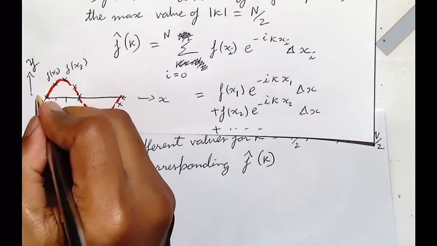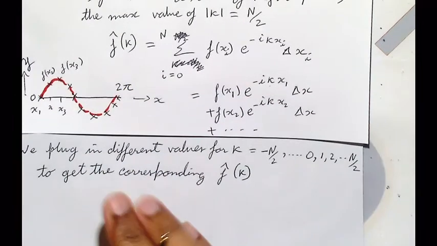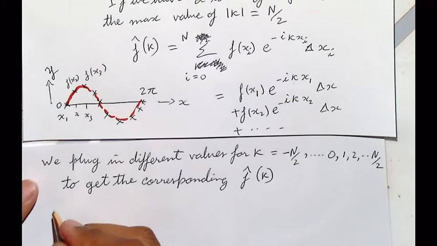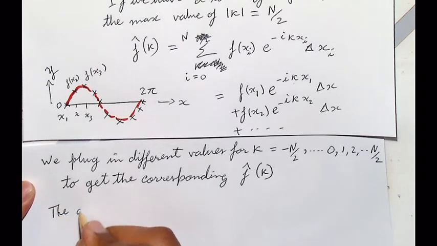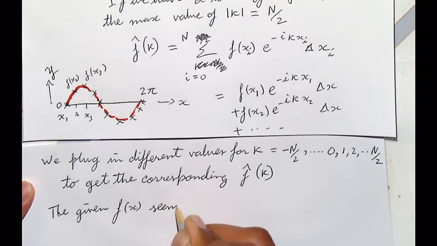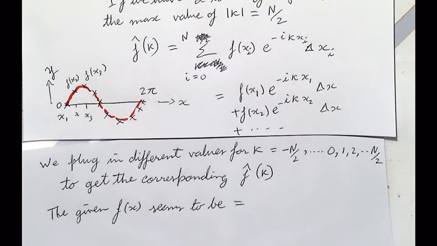So let's say this is 0, this is 2 pi. What is f of x, the orange f of x? Just looking, it seems to be sine of x.